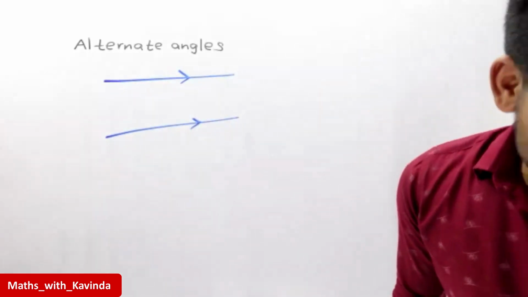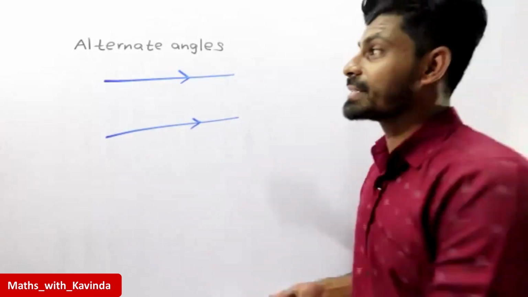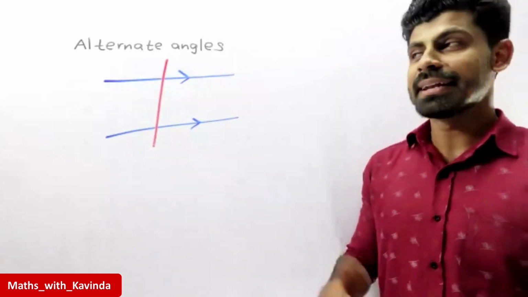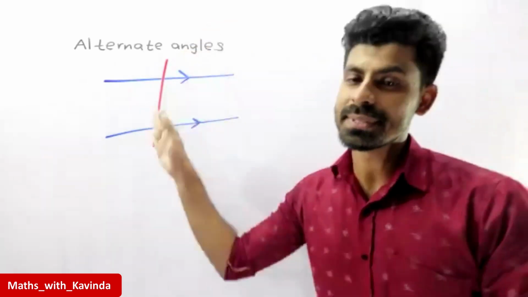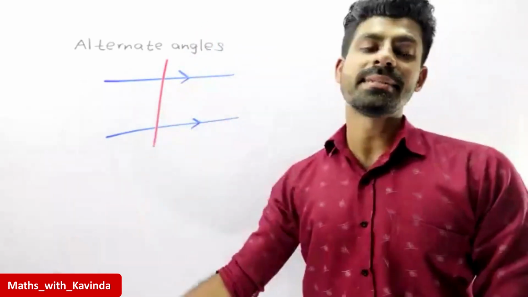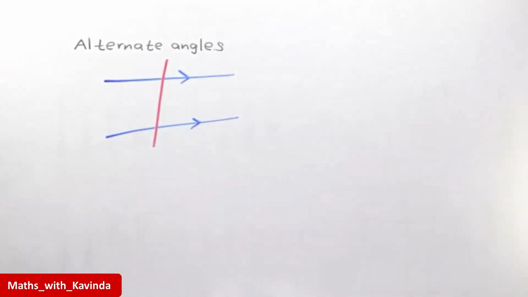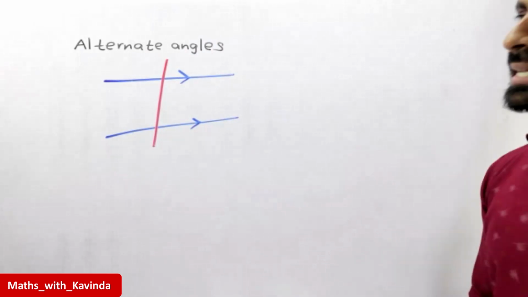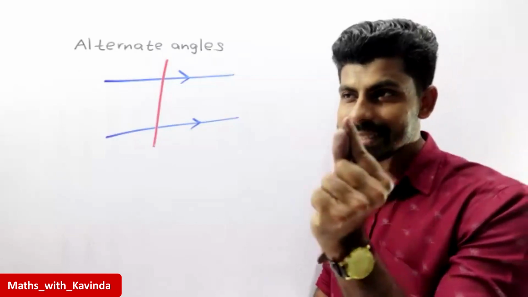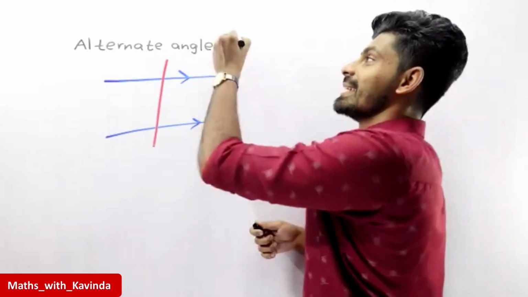Then you can draw the transversal line. Parallel lines and a transversal line. Just consider the Z angle.